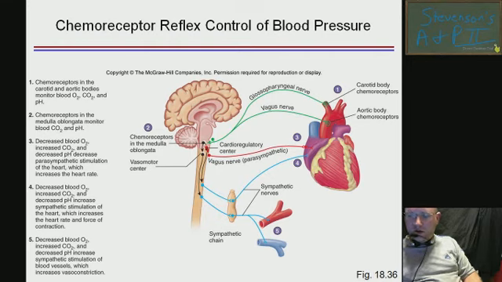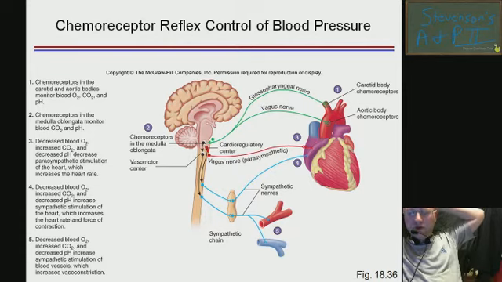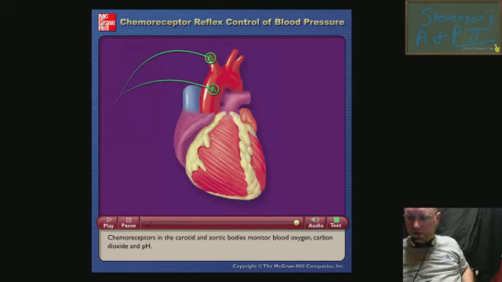They also increase sympathetic stimulation of the heart, which increases the heart rate and force of contraction, and increase sympathetic stimulation of the blood vessels, which increases vasoconstriction. So when the heart rate is increased, typically vasoconstriction is also occurring.